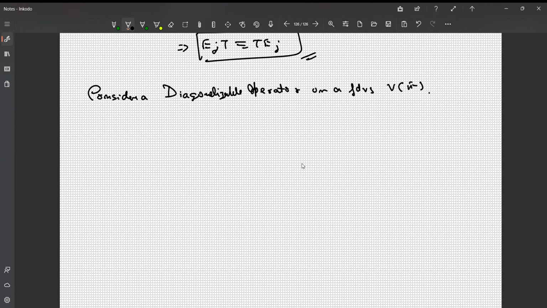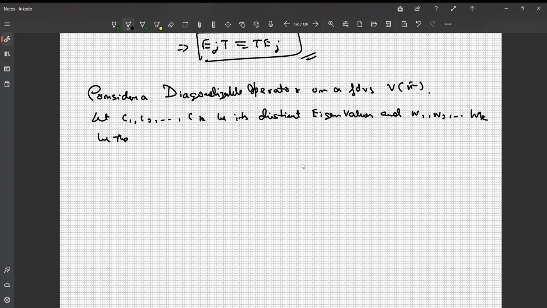Consider a diagonalizable operator on a finite dimensional vector space V over F. Now let c1, c2 till ck be its distinct eigenvalues, and W1, W2 till Wk be the corresponding eigenspaces.